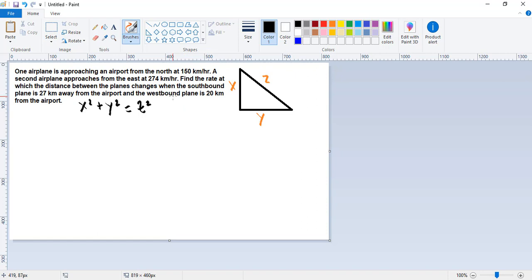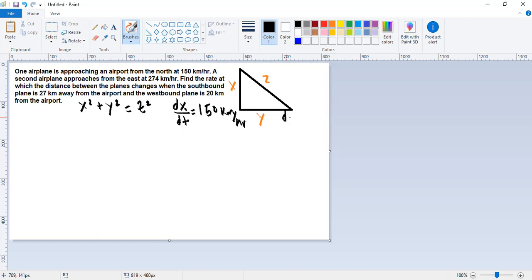Now, the information that we were given was that the rate of change for the plane that's going south, dx dt, was 150 kilometers per hour. And we'll go ahead and include the units. Then we also have that the rate of change for the plane that's going west is 274 kilometers per hour.